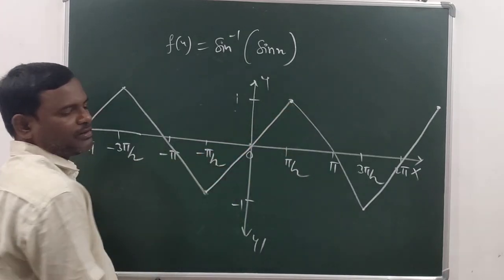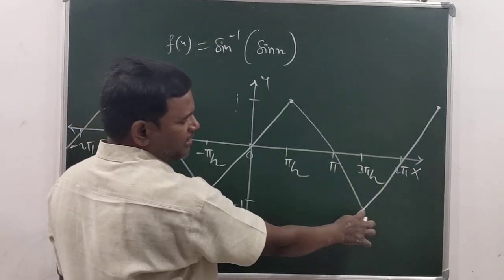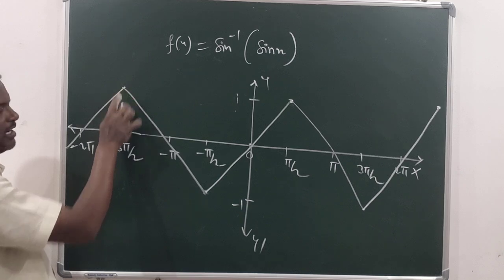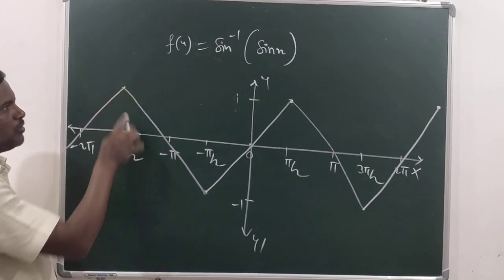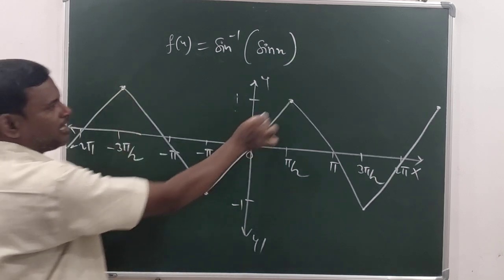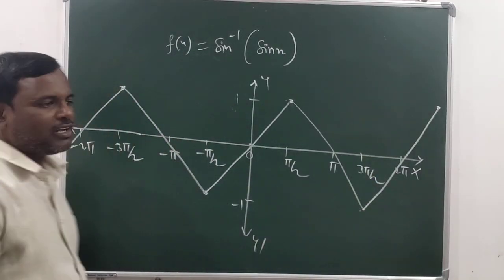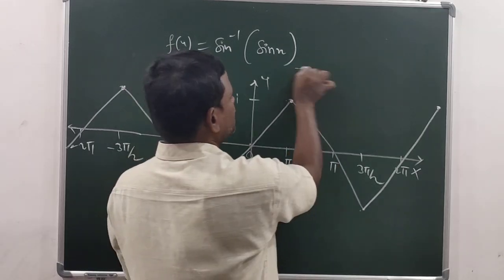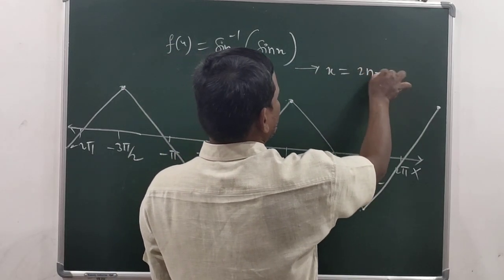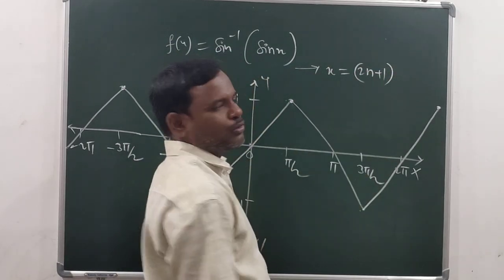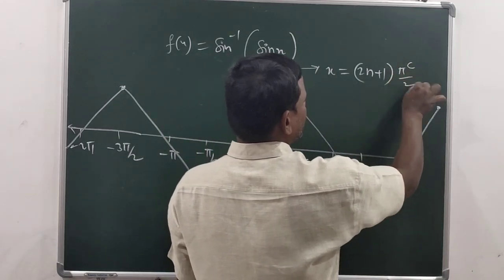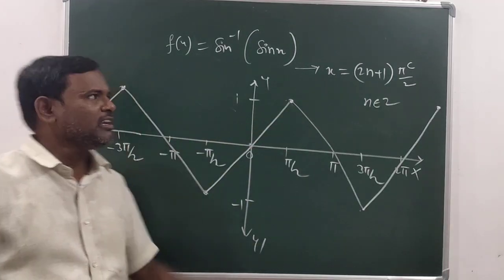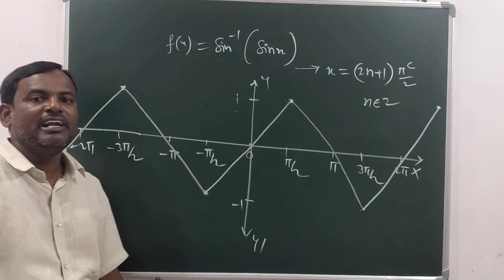Here you got a sharp end, and at 270, and here minus 90, and here minus 3 pi by 2. So wherever sharp ends are there, at those points, where are those points? Minus 3 pi by 2, minus pi by 2, pi by 2, 3 pi by 2, which means odd multiples of 90. You know the standard form of an odd number: (2n plus 1) into 90, where n belongs to the integers. At these odd multiples of 90, that function will not be differentiable.